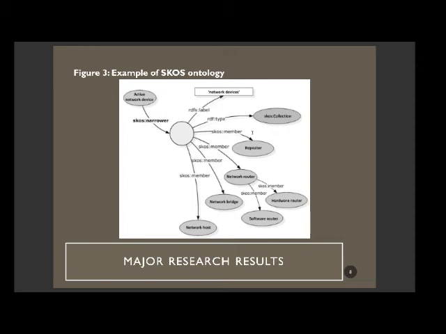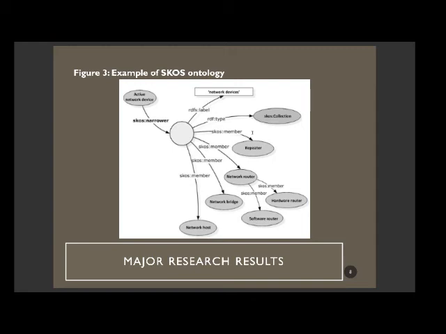Examples are the subject index of the Library of Congress and the multilingual thesaurus maintained by the European Union Publications Office, EuroVoc. SKOS identifies several semantic relations that can link various concepts, such as skos:broader, skos:narrower, and skos:related.